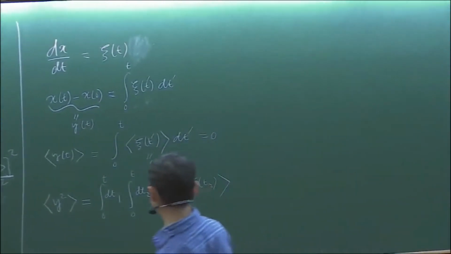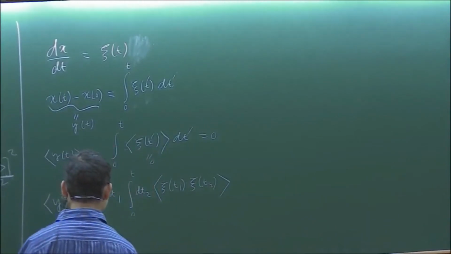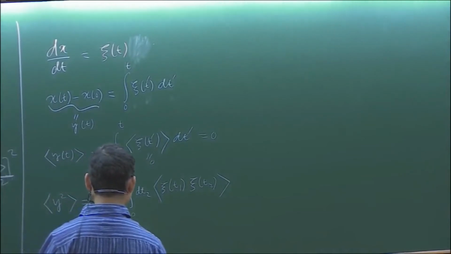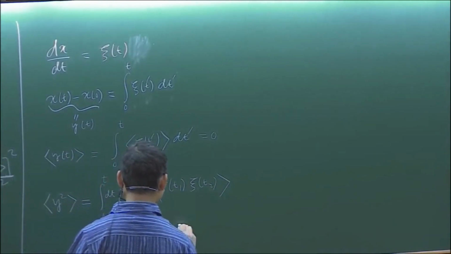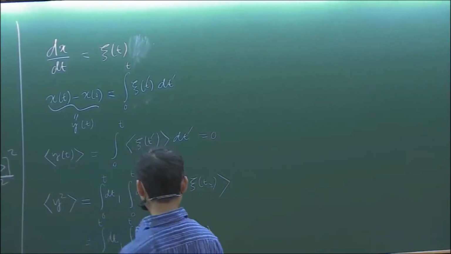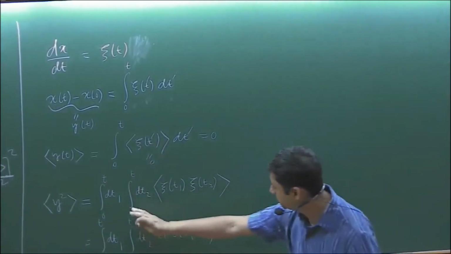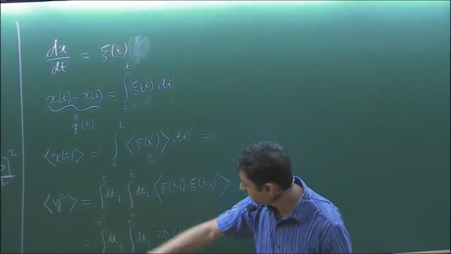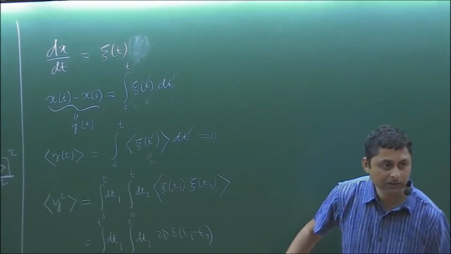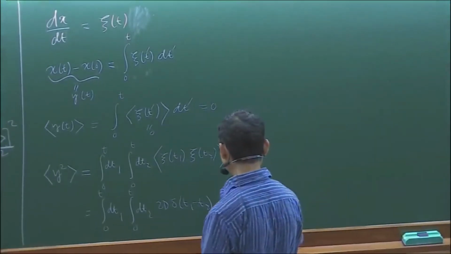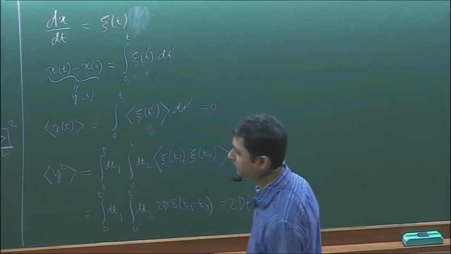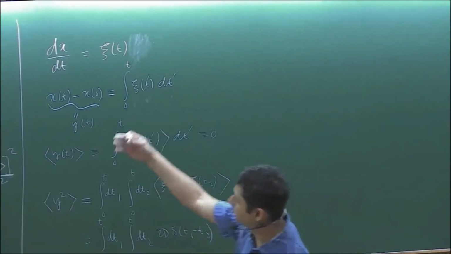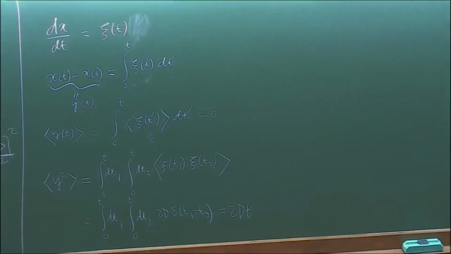It is 2D delta of t1 minus t2. I can do one of the integrals because of the delta function, and then I have one more integral, which gives me t. So this gives me 2Dt. So the mean is 0 and the variance is 2Dt, so p of y is essentially this Gaussian.